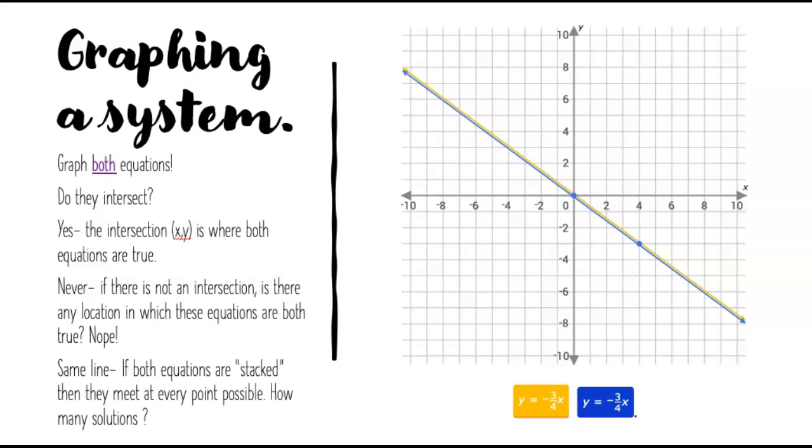But if the lines are right on top of each other, and yes, if you need to graph lines that are the same, you have to graph both lines and put them right smack dab on top of each other. You have to stack them. And when that happens, how many solutions do we have? How many times does one line intersect with the other?